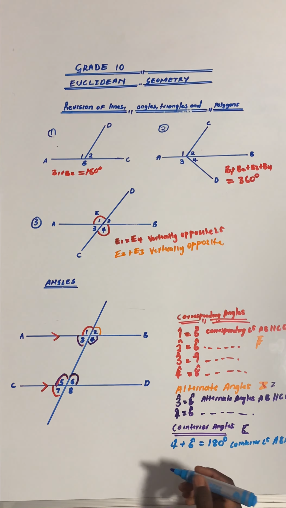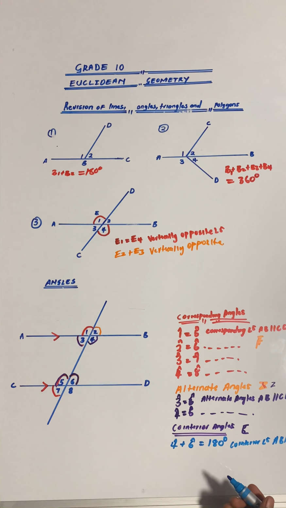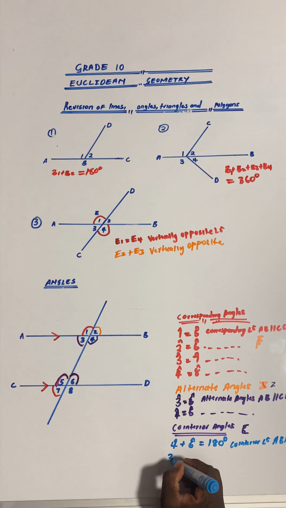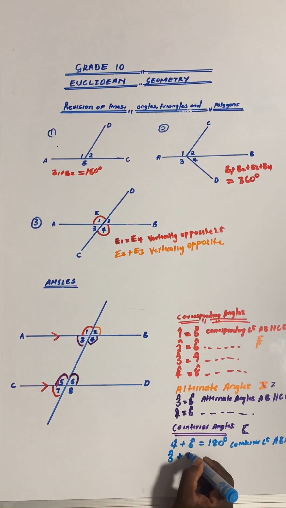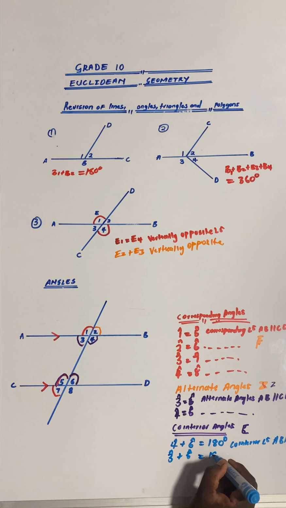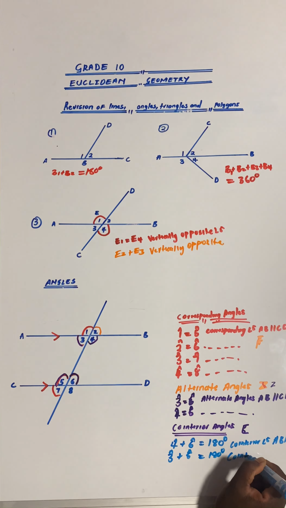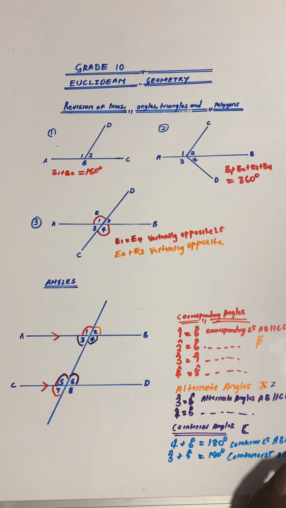What would be the other co-interior angles? That would be 3 plus 5, which gives us 180 degrees. The reason: these are co-interior angles. And how did we know that? Because AB is parallel to CD. As simple as that.